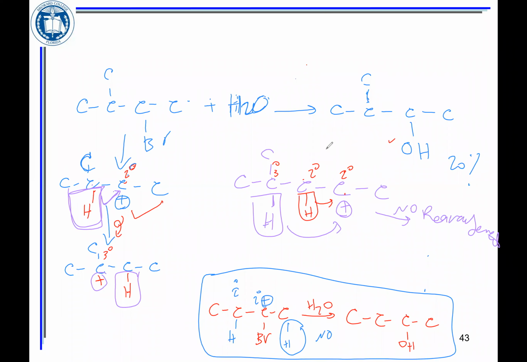But there is no payback here, because if the nearby hydrogen shifts with the 2 electrons, you're going from secondary to another secondary. So there is no chance for rearrangement for this molecule. So hydride shift is only by 1 carbon distance. The other possibility for rearrangement.